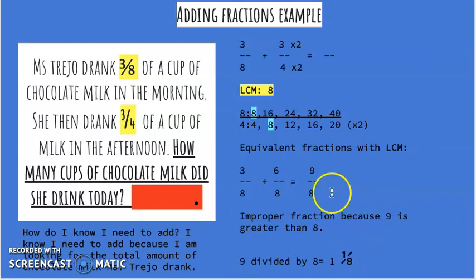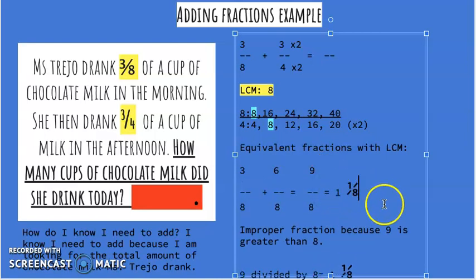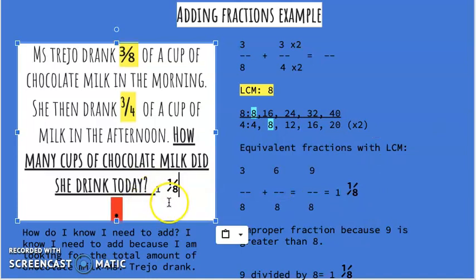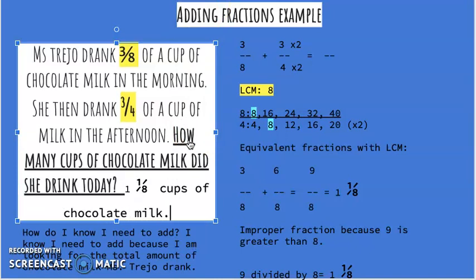So 9/8 is the same thing as 1 and 1/8. So Ms. Trejo drank 1 and 1/8 cups of chocolate milk.